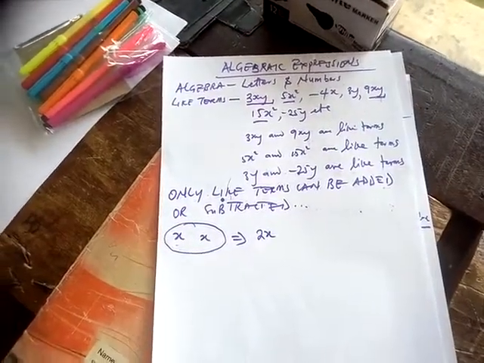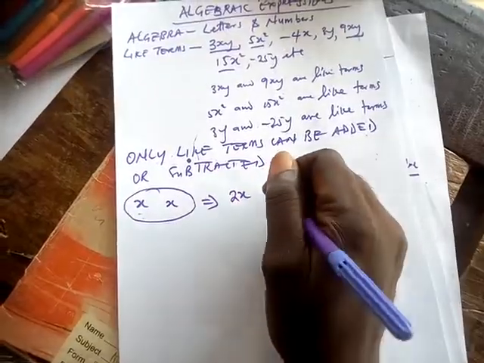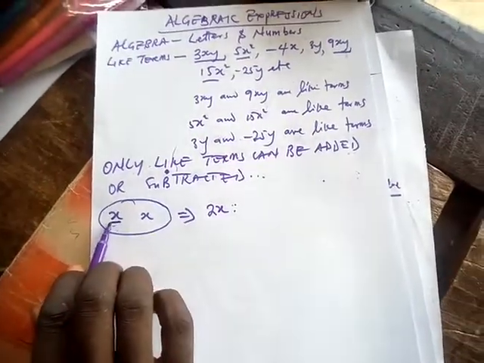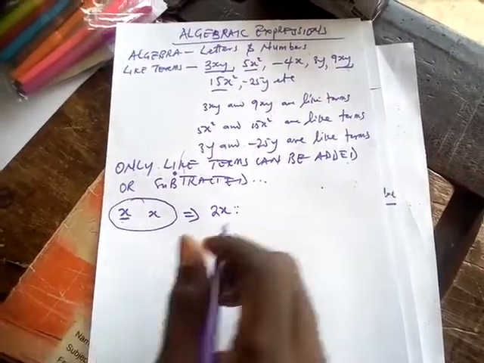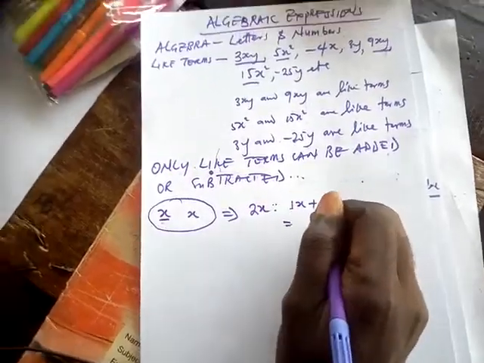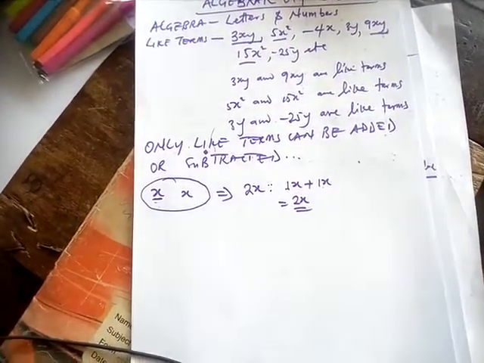It's easier understood this way. What did I do? This is 1x, just 1x, and this is another 1x. I just did 1x plus 1x. I got the coefficients. I'll tell you about coefficients. I got 2x.